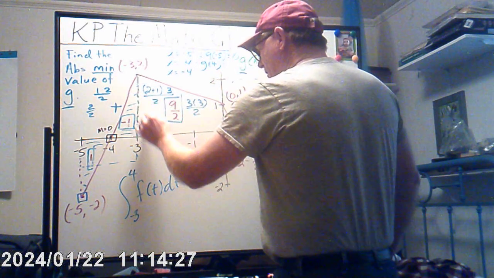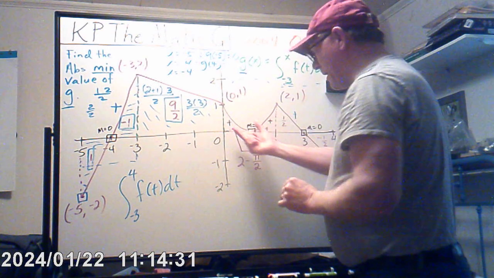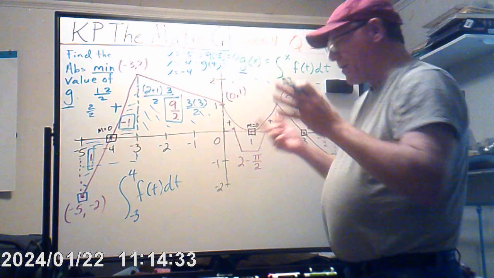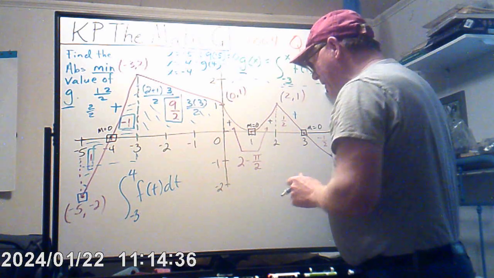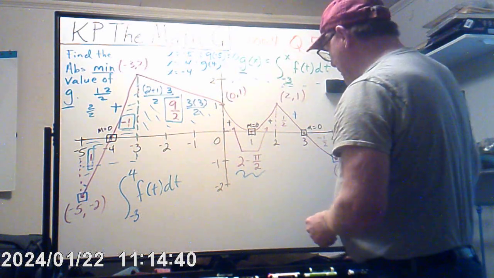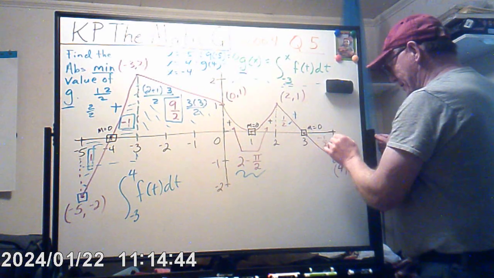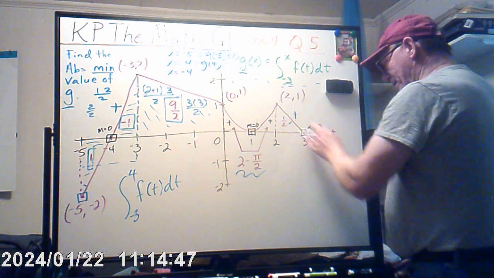So we're looking at this area here, plus this area here, and I've already found that. If you want to look that up in another video, you can, but this answer is 2 minus pi/2. We're going all the way to 4. This is 1/2. This is -1/2. And I found these from another video.